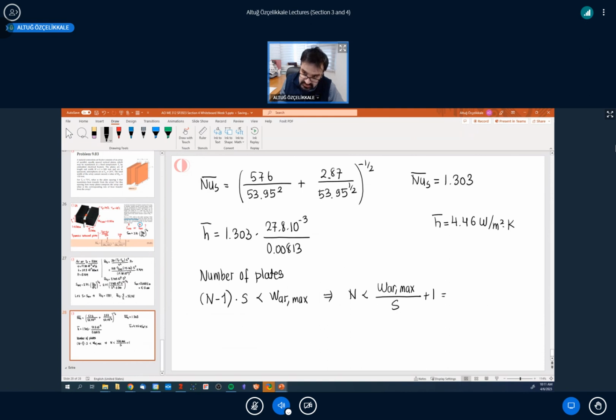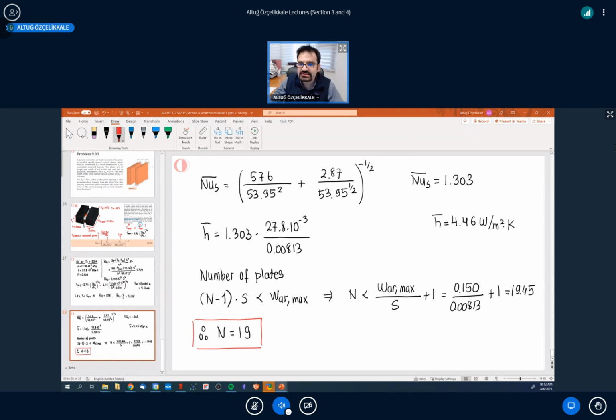That's equal to 0.150 divided by 0.00813, plus 1, which is 19.45. So we are able to fit at most 19 plates, so we need to round this down. So we are going to have 19 plates. That's the answer to the first part of the question.